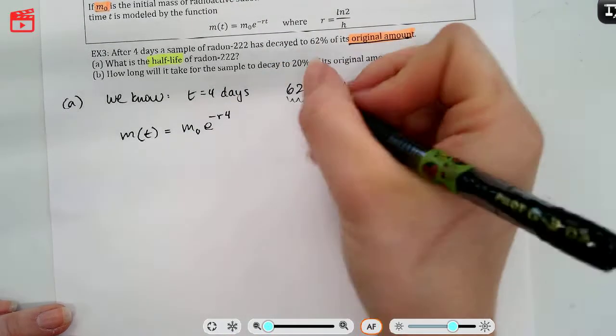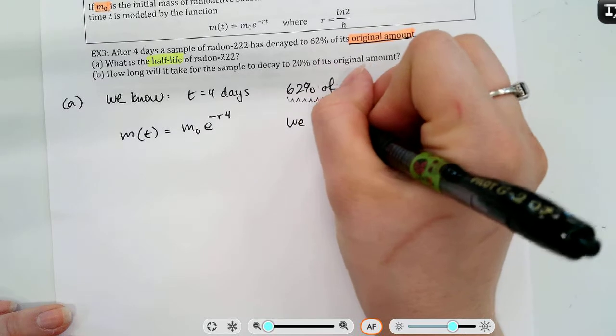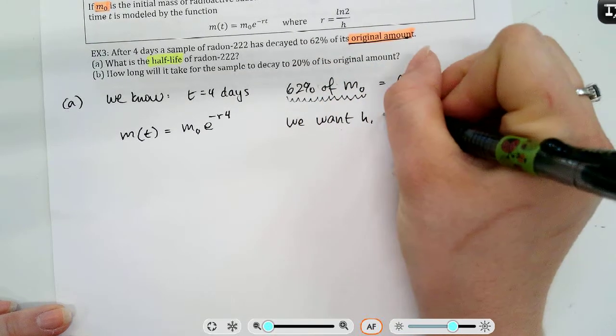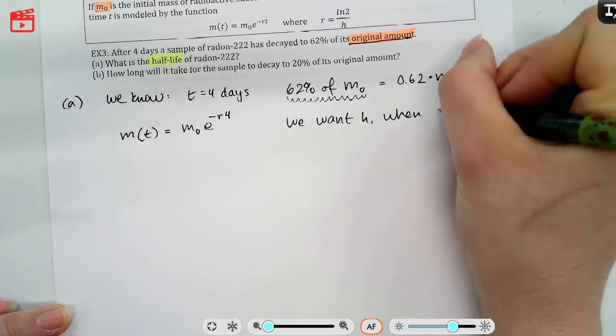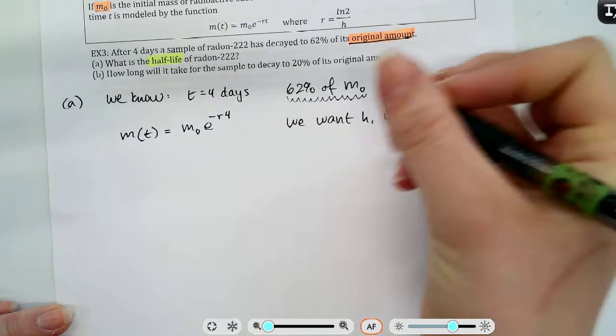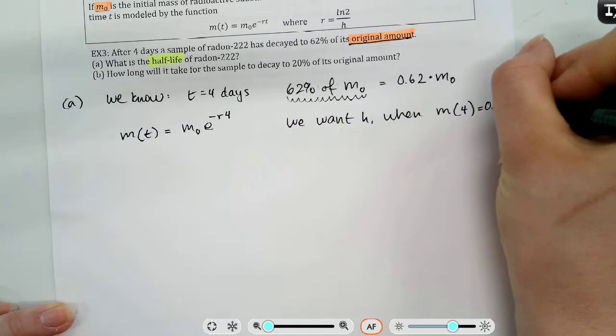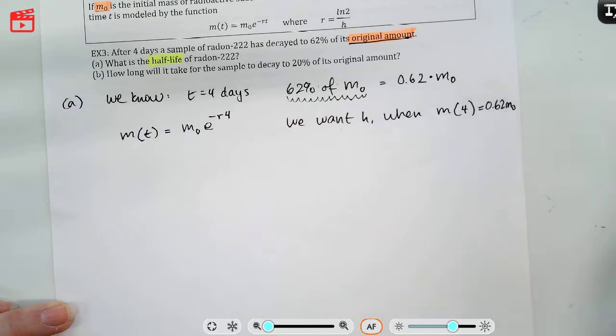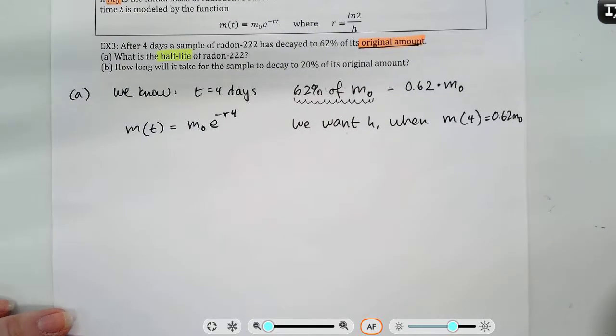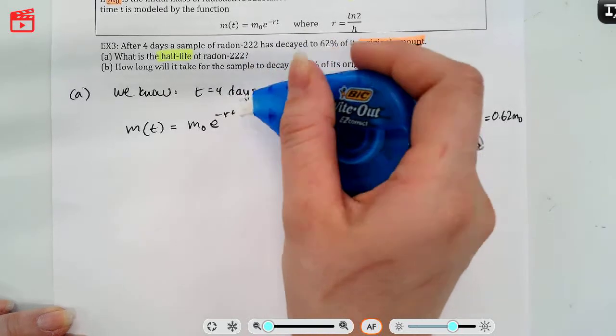And so what do we want? We want h when m of 4 is 0.62 m0. Oops, I jumped the gun a wee bit here on this one. That should still be t.